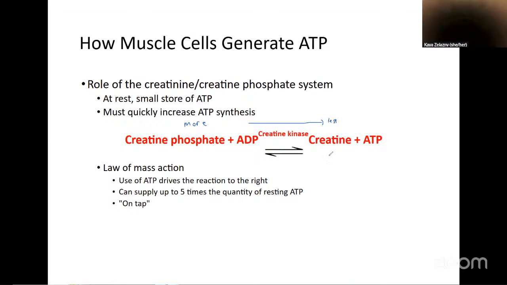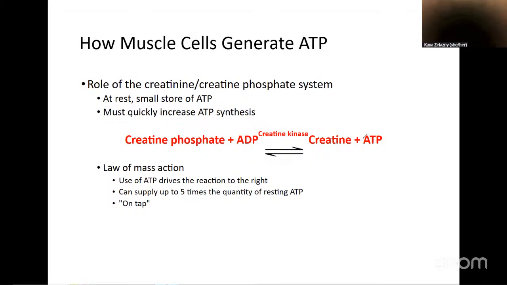And vice versa, right? So if we had lots of ATP unused, this reaction might tend to proceed the other way.